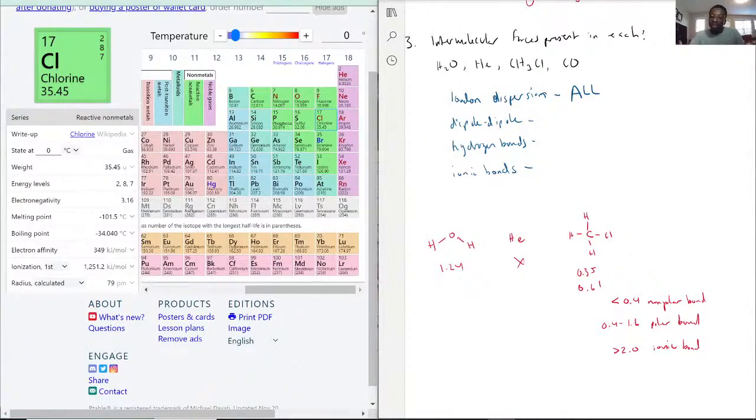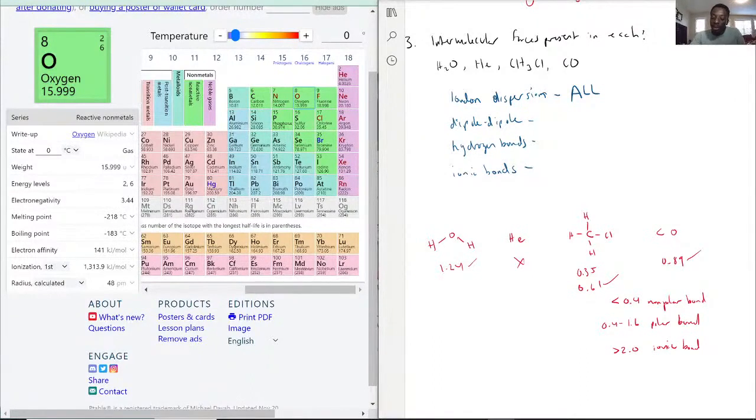So this one checks out, and now carbon monoxide: oxygen has 3.44 minus 2.55, which is 0.89. I forget how carbon monoxide bonds, so I'm just going to write it there, but the difference we know is 0.89, which checks out.